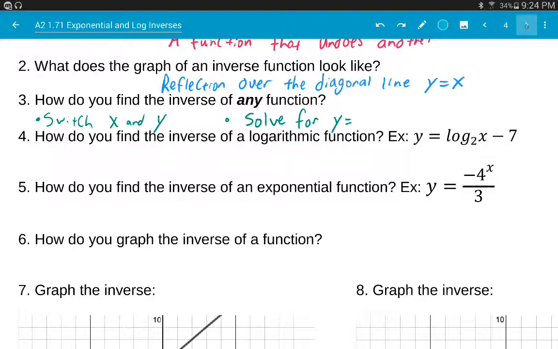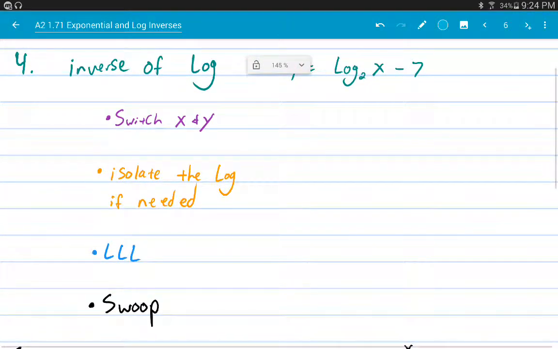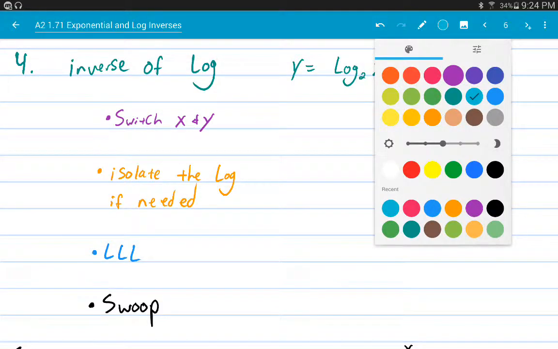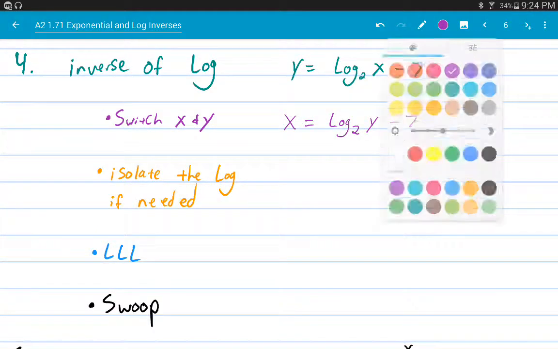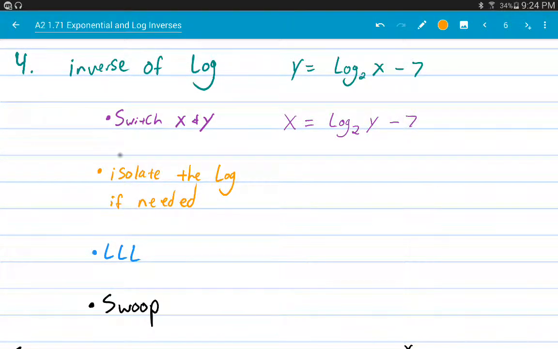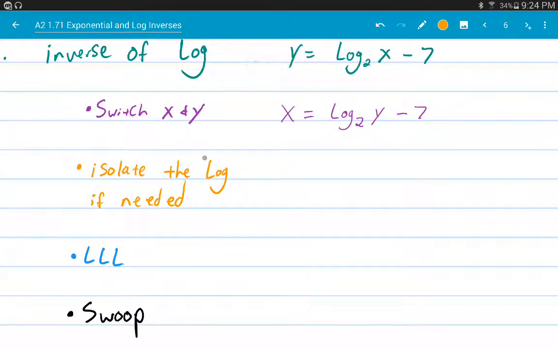Now let me go to my notes. The way I'm going to find the inverse of this logarithmic function is first I'm going to switch x and y. So this becomes x is equal to log base 2 of y minus 7. Once I've switched x and y, my goal is to isolate the logarithm if needed.